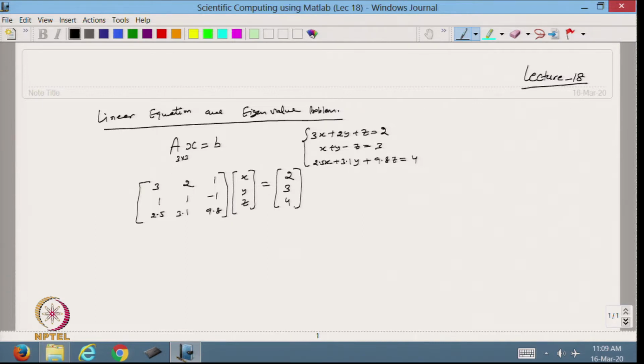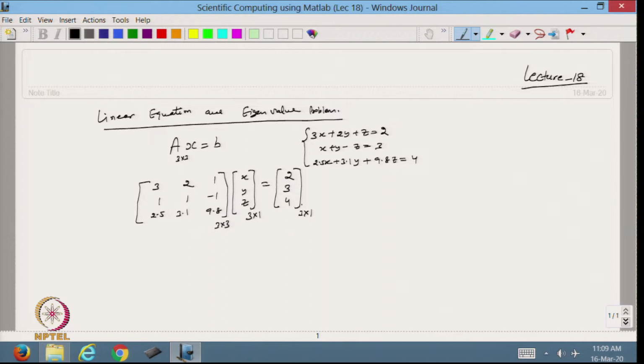So, this is a linear system of equations which, in this case, deals with a 3 by 3 matrix, and that is 3 cross 1 and this is 3 cross 1. So, this is a column vector, this is a column vector, and that is a matrix.